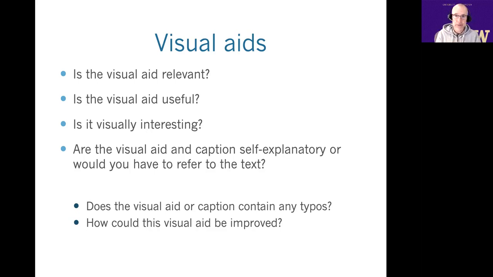If it doesn't add value, then there's really no reason in it taking up space. For the purposes of your capstone presentation, your symposium presentation, a good visual should eliminate a lot of additional text and explanation that you might otherwise need.